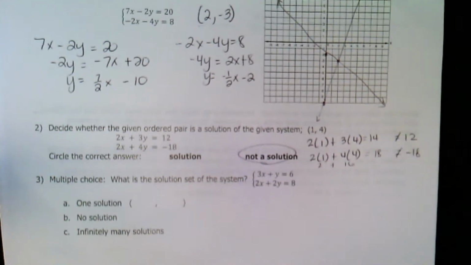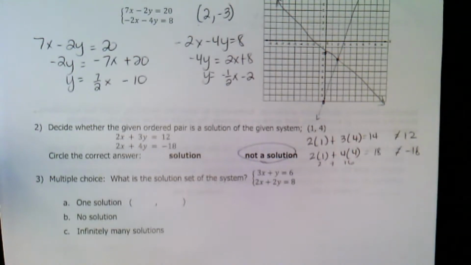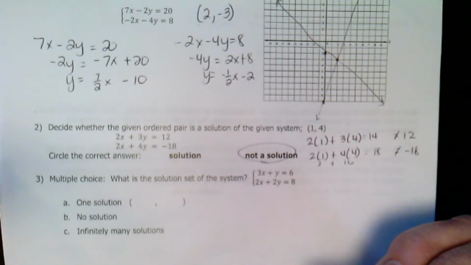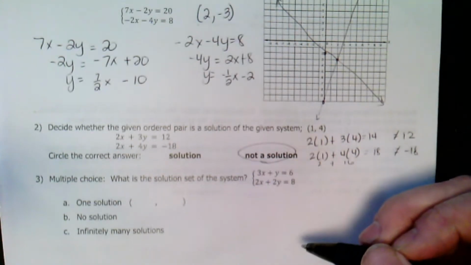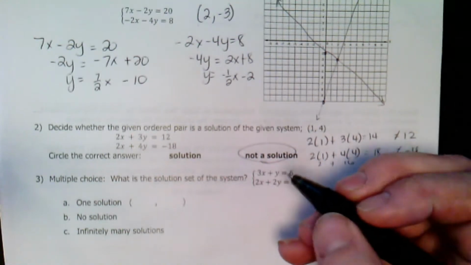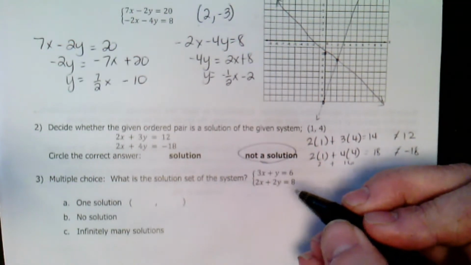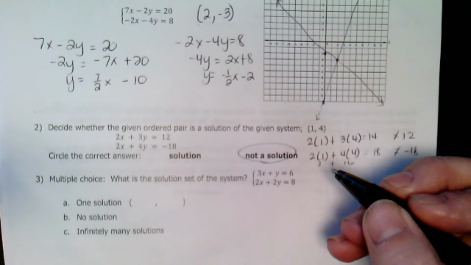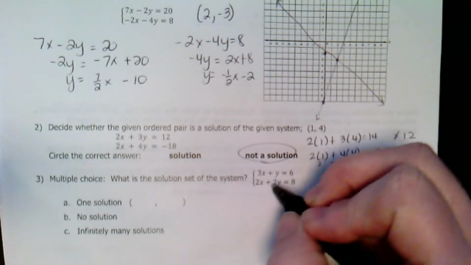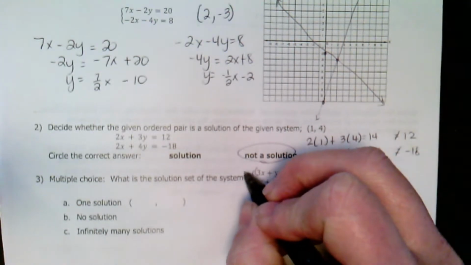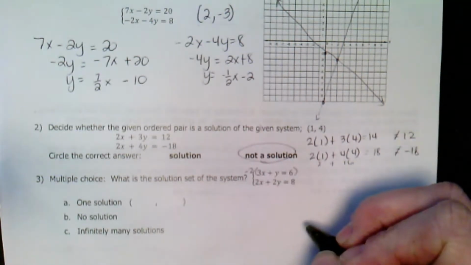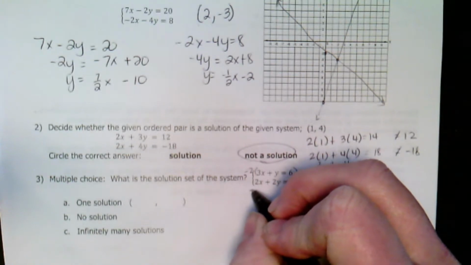Alright, number 3, what is the solution set of the system 3x plus y equals 6, 2x plus 2y equals 8? They really didn't give you a way to do it, so I'm going to do the elimination or the addition method, and that's where I'm going to eliminate one of my variables. So I'm going to multiply my first equation by -2, so I'm just going to write it under this one.